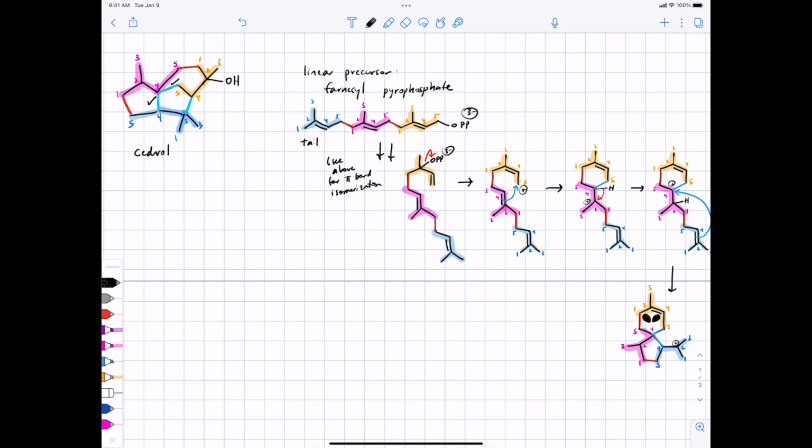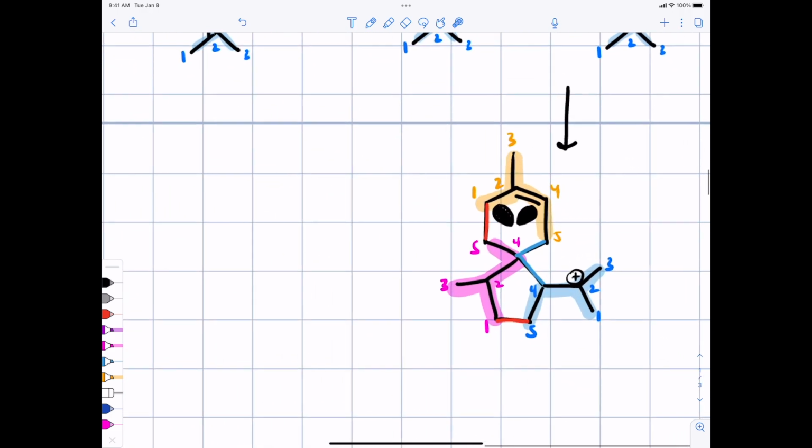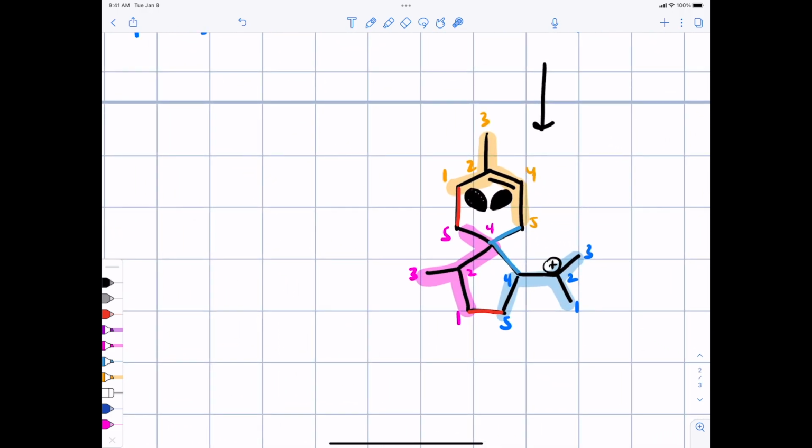Our next bond that we need to make is between orange 4 and, orange... I'm confused. Orange 4 and blue 2. Oh, actually, pi bond and the positive charge is in the right spot, right?